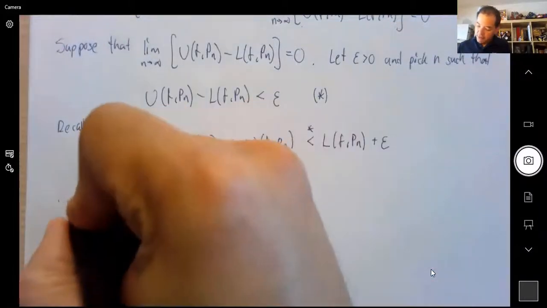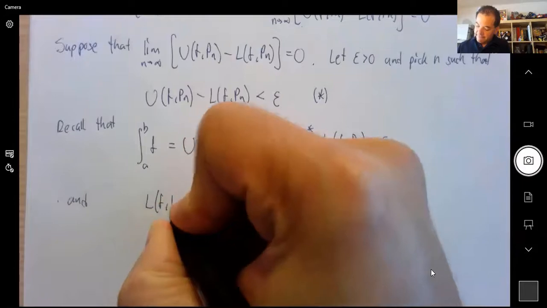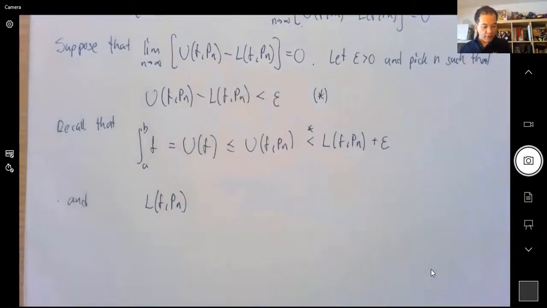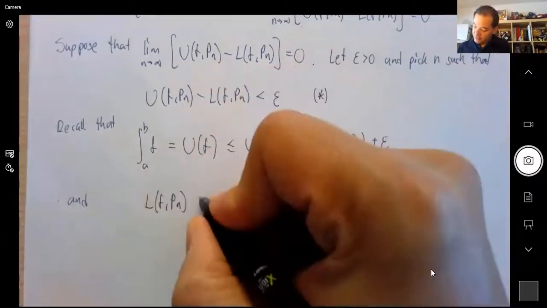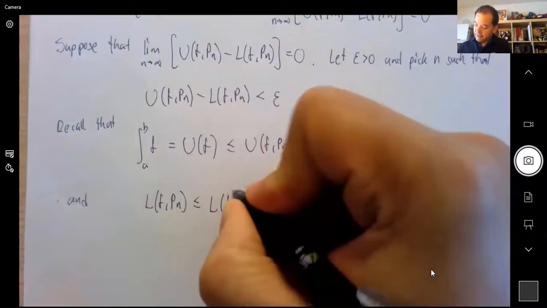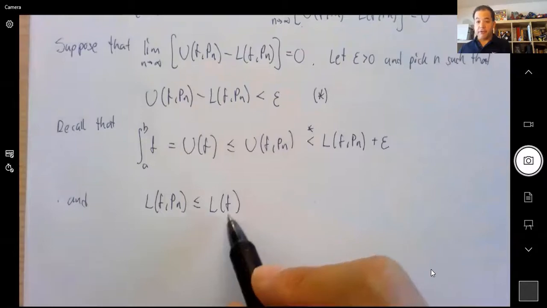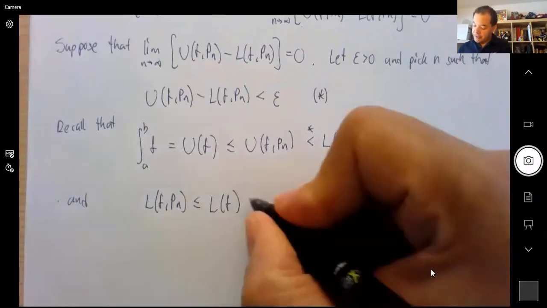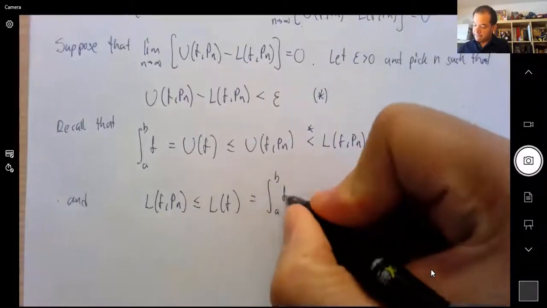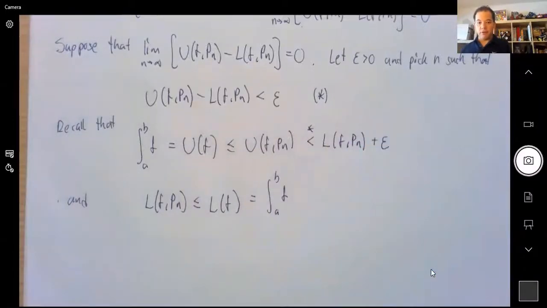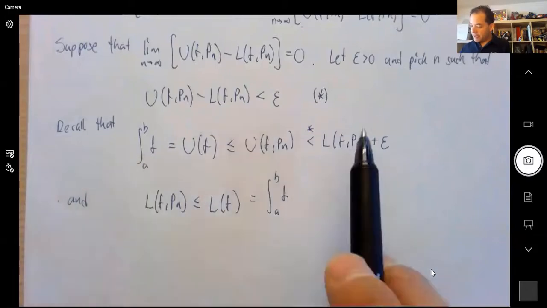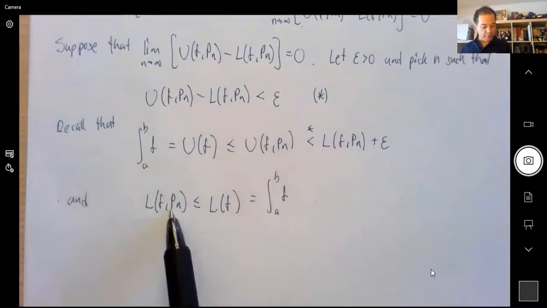So also the L, the lower sum, is of course smaller than the lower integral, because the lower integral is the supremum, so it's an upper bound of all of these guys, and this is this guy, right? So this shows to you that this difference, when I do this minus that, so the integral minus the L, is positive.